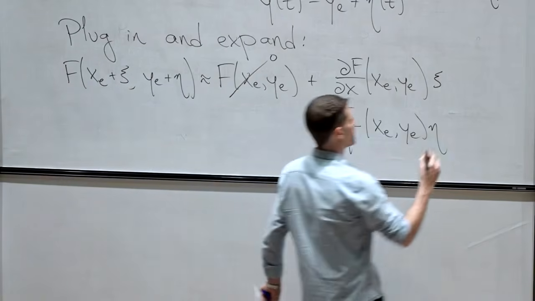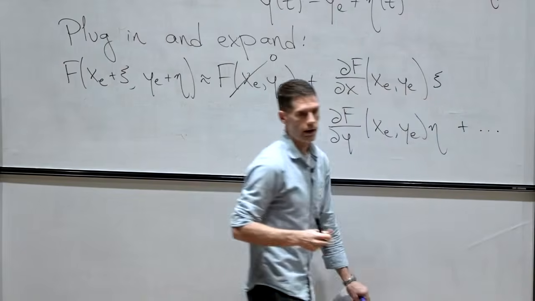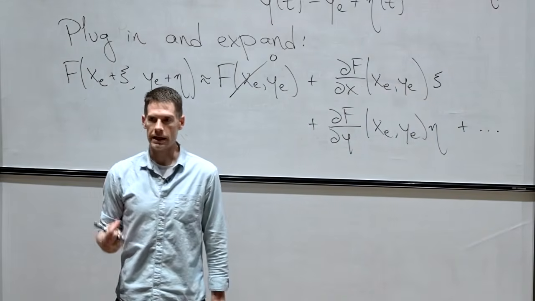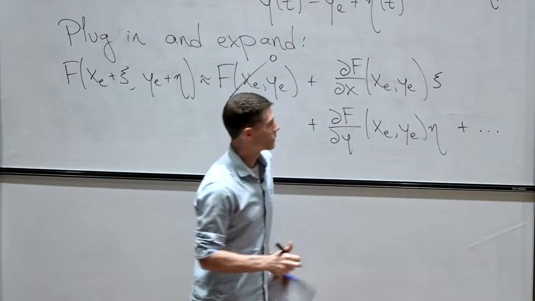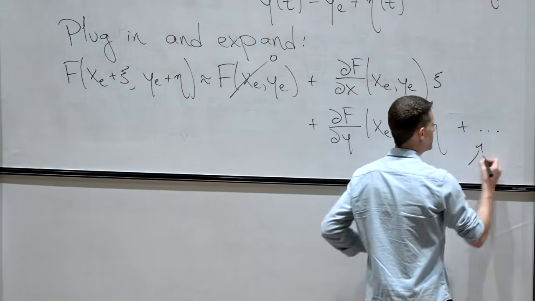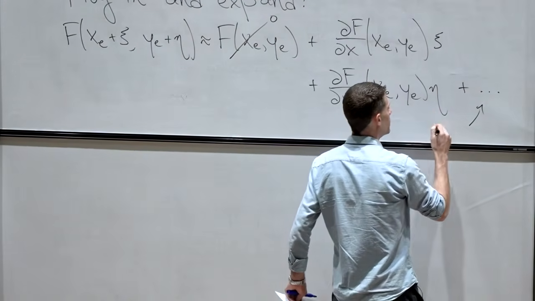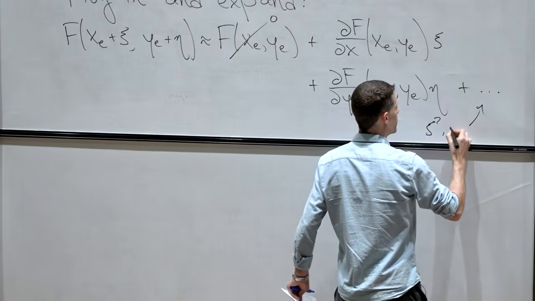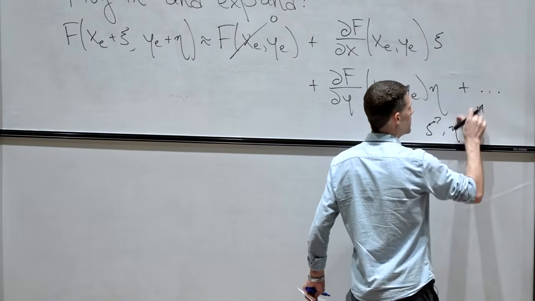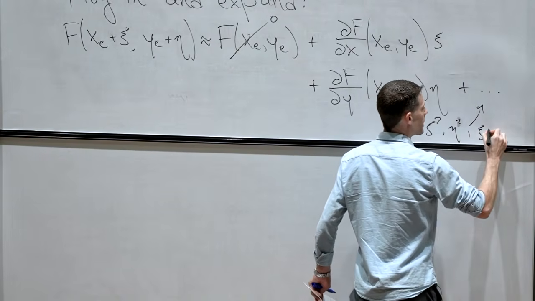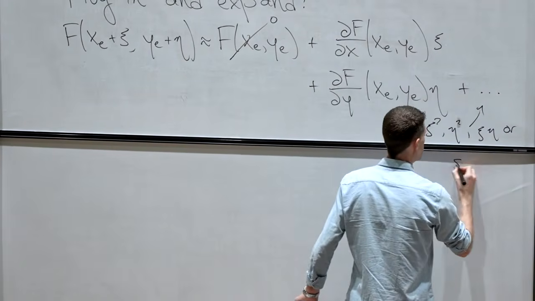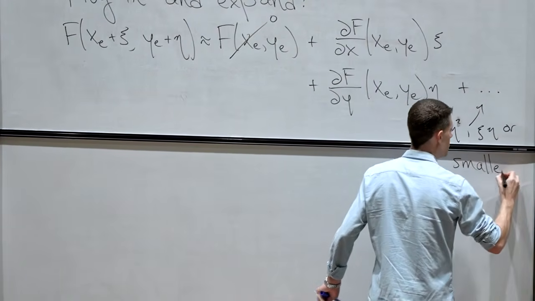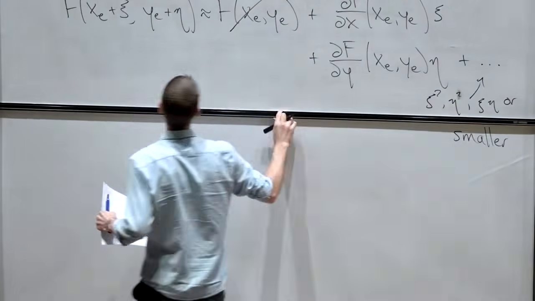We tuck everything else into a dot, dot, dot, and all of that is quadratic or smaller. So these are psi squared, eta squared, or smaller.